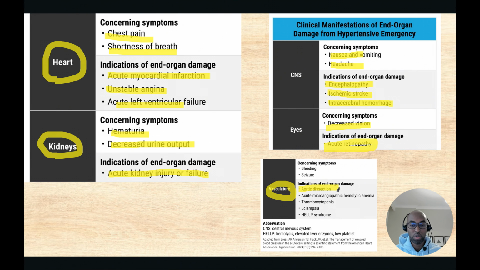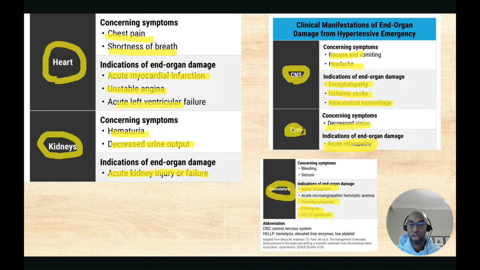Also, high blood pressure can affect pregnancy, so the patient can develop preeclampsia or eclampsia, and also HELLP syndrome and thrombocytopenia. So this is the end organ damage. In summary, we need to ask about CNS symptoms: nausea, vomiting, headache.